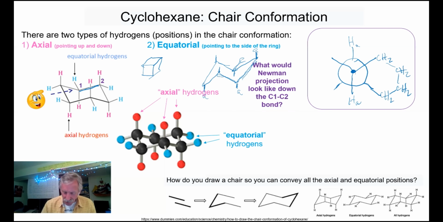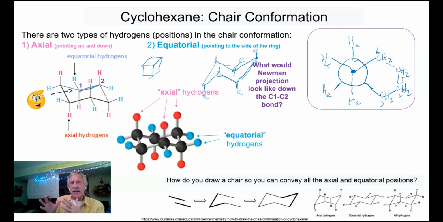So carbon 1 has a CH2, it goes to carbon 1 to 2 to 3 to 4 to 5 to 6, back to 1 again. So the whole chair wraps itself around on the right-hand side of my Newman projection, which means the left-hand side, sticking even further away from me, are the equatorial hydrogens. And I'm done.